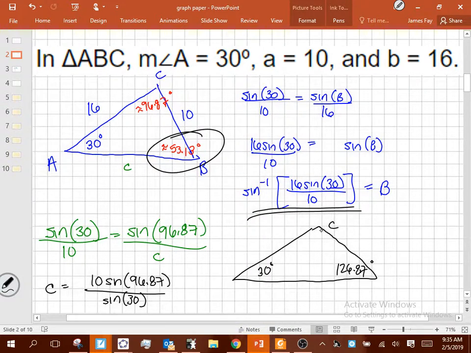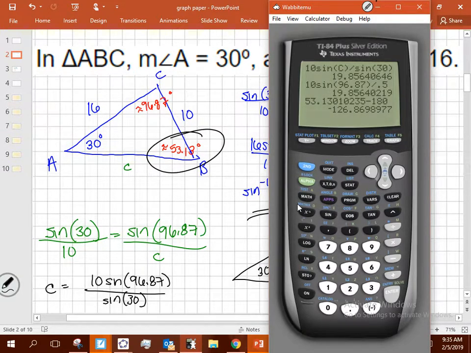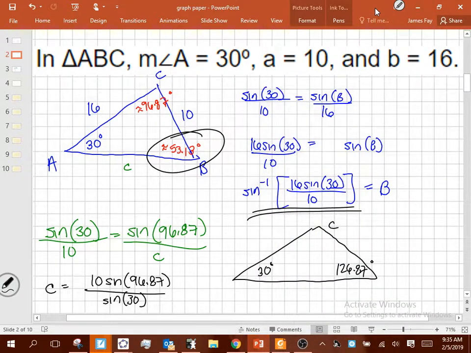Okay. Angle C is going to end up being, let's see here, minus 30 away from that again, and now let's add 180 into that. That should give me 23.13. So angle C could be 23.13 degrees. This would be 16, this would be 10.